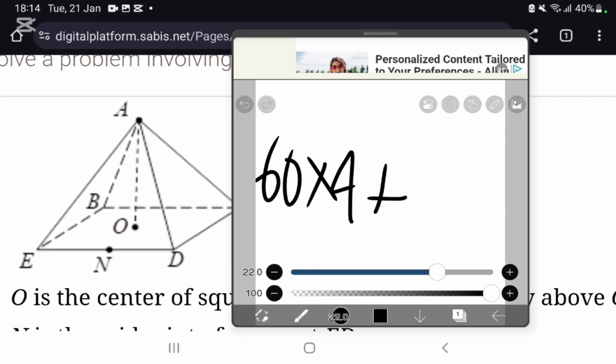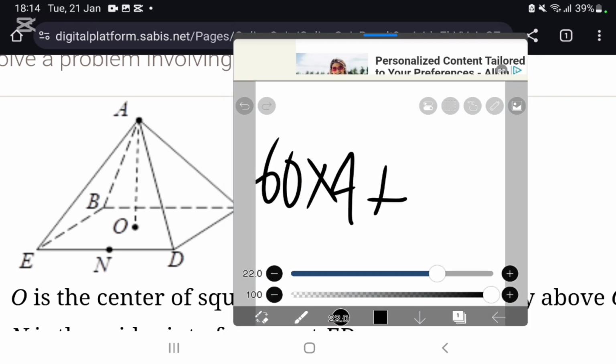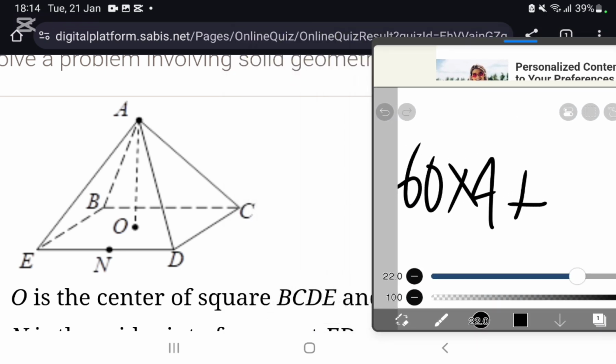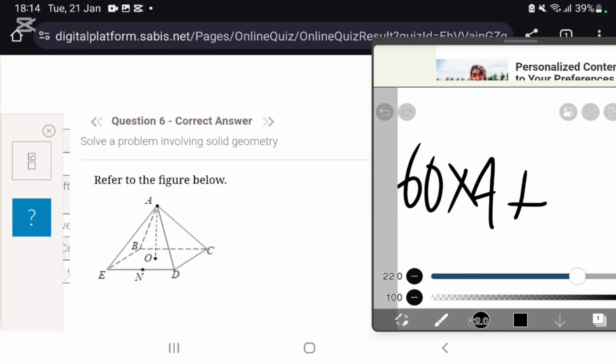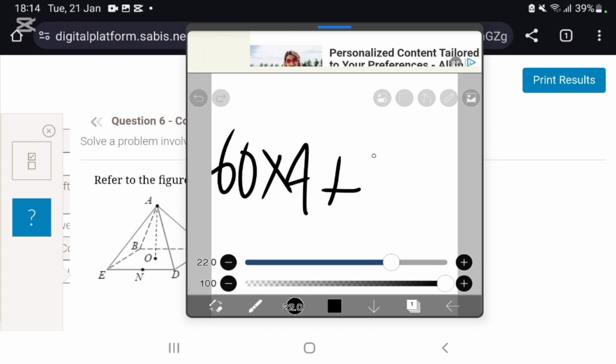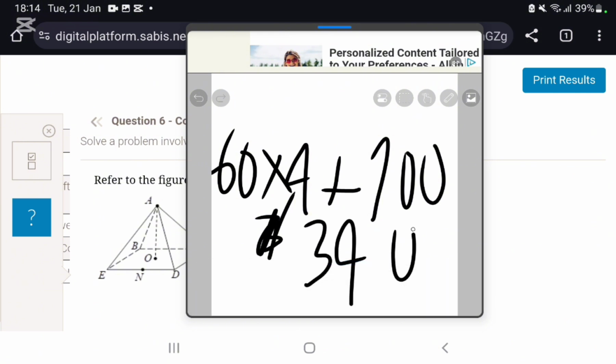To find the total area, we add the areas of all of the shapes together. So we're done with finding the areas of all of the triangles. Now all we have to find is the area of the square, which is B, C, D, E. And to do that, all we need to do is side times side, which is 10 squared, which is 100, which will give us 240 plus 100, which is 340.